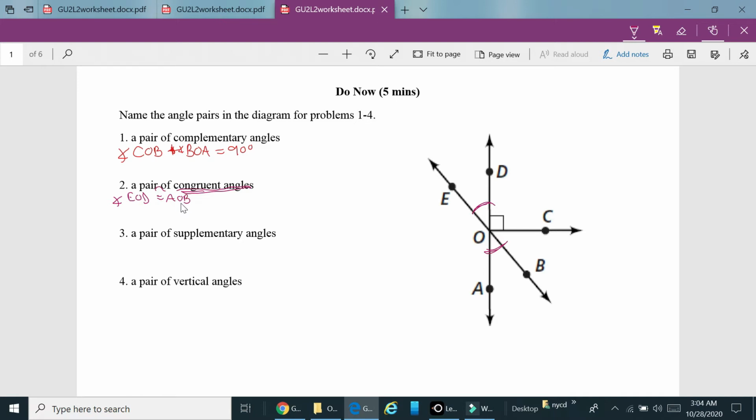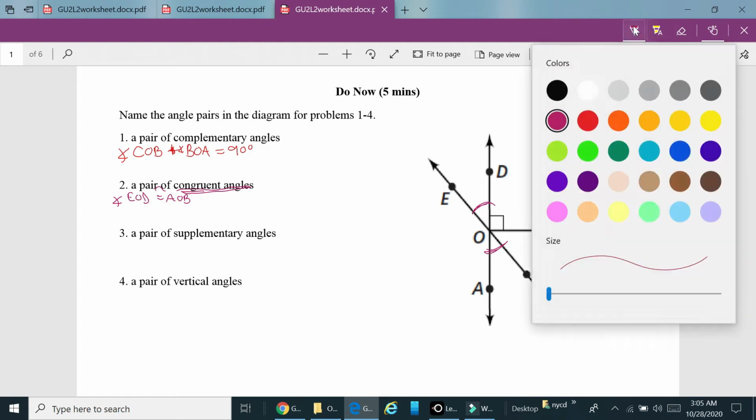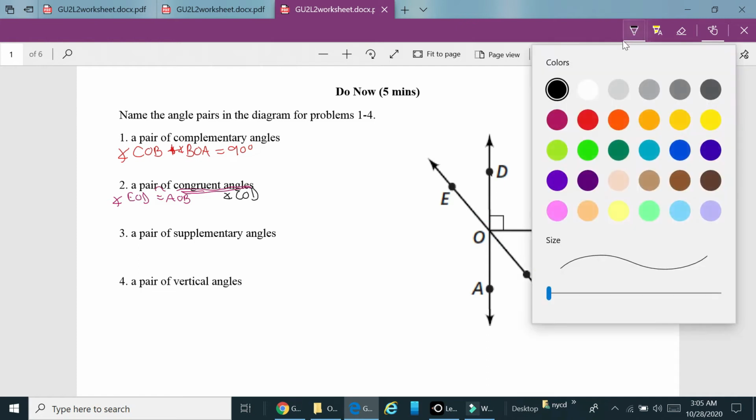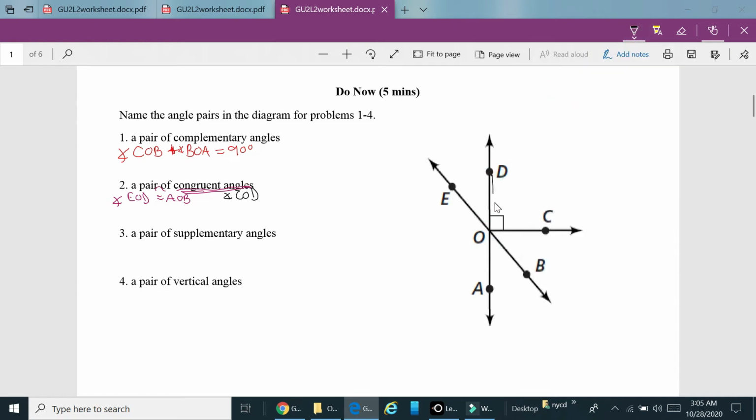Okay. You can look at the 90-degree angle also because angle, use a different color. Let's go black. Angle COD, that's 90 degrees. Angle COD. You guys see that right there? Let me erase this right here. And COD.